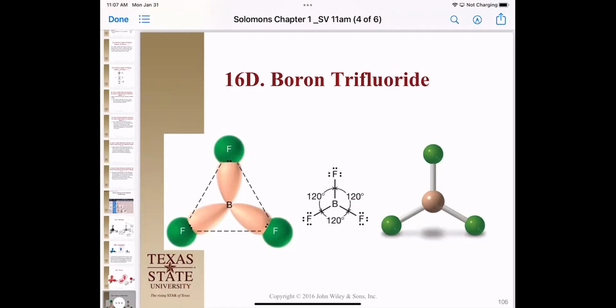Okay, 3 electronic zones, trigonal planar. That means we have 3 bonds and they're all forming a plane, a little triangular shaped plane. We're going to see that triangular shaped plane again, so don't forget it. But 120 degrees is as far as we can spread those bonds out in 3-dimensional space. So that 120 degrees tells us that we have a trigonal planar system.